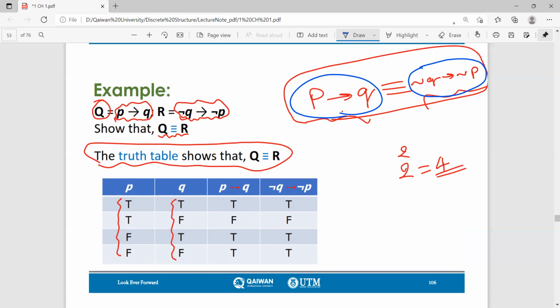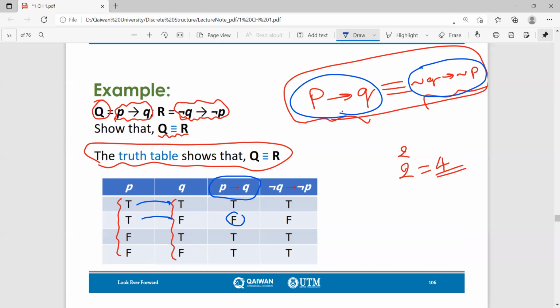Let's check. For P then Q, in only one case it's false: if the first one is true and the second one is false. True, true is true. True, false is false. False, true, true. False, false, true.